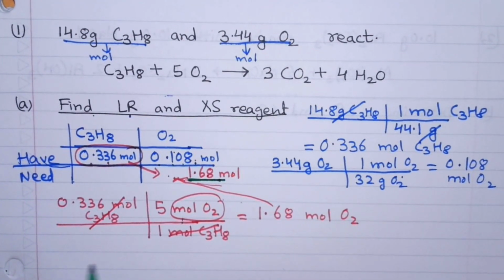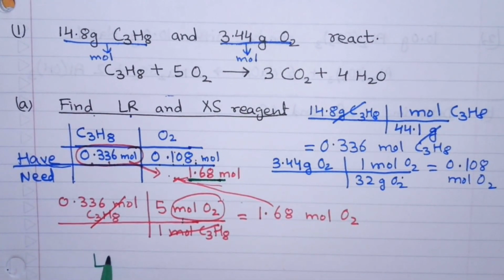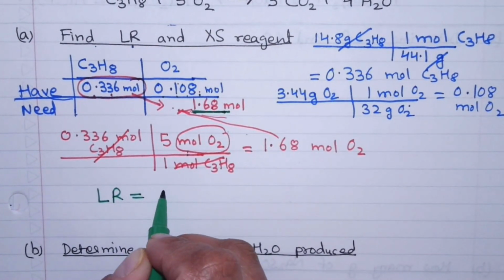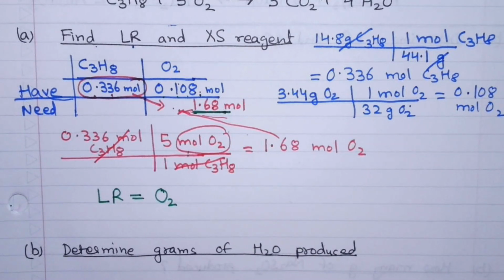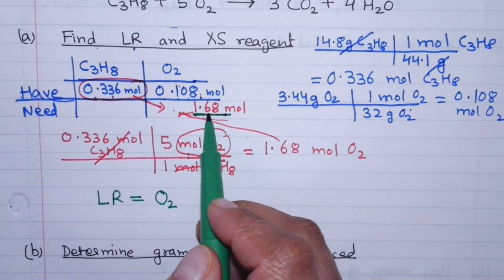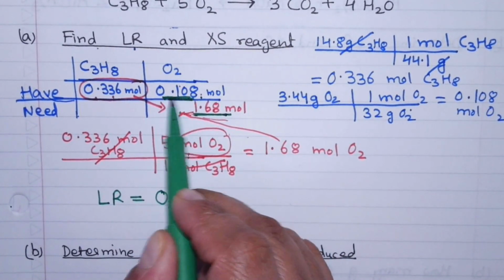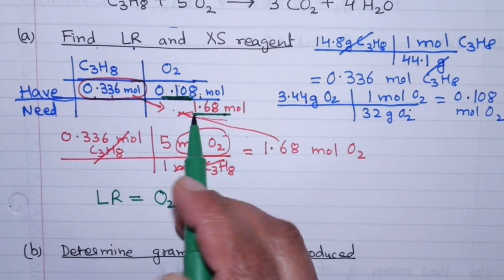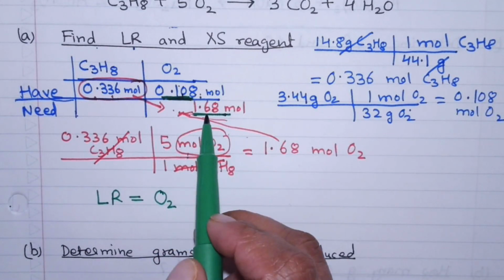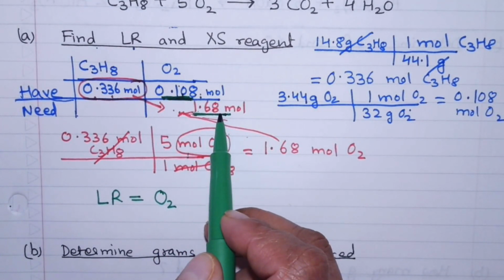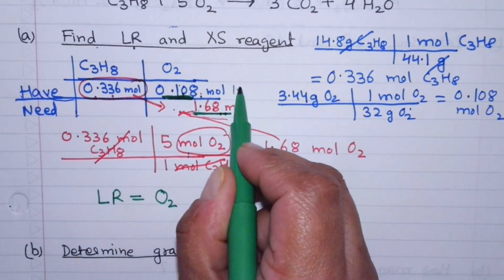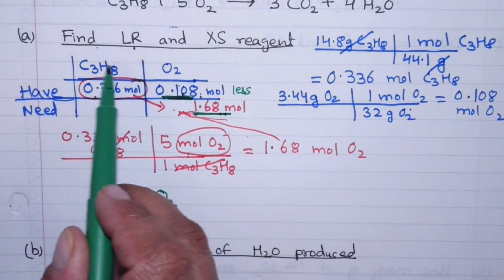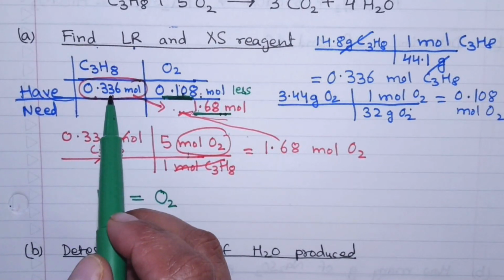So that means oxygen is our limiting reagent. So our limiting reagent is oxygen. Why? Because we have less, right? So we have only 0.1 and we need 1.68. So this amount is less. We're going to run out of oxygen before we can use up all the C3H8, right?